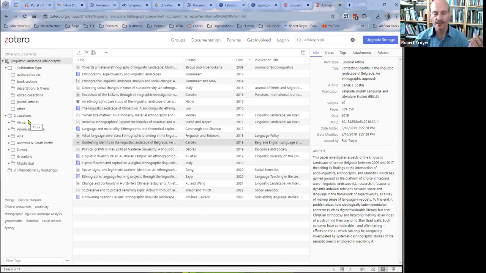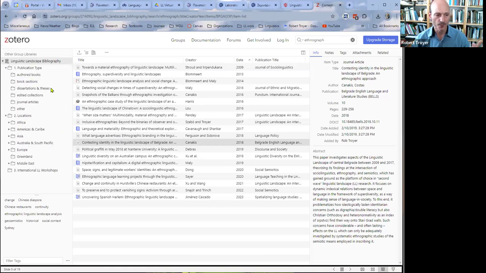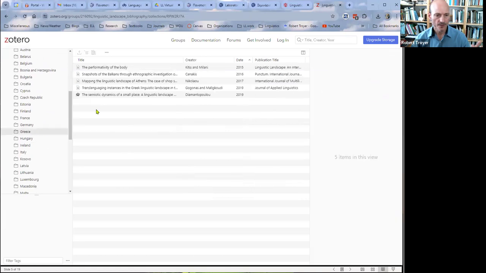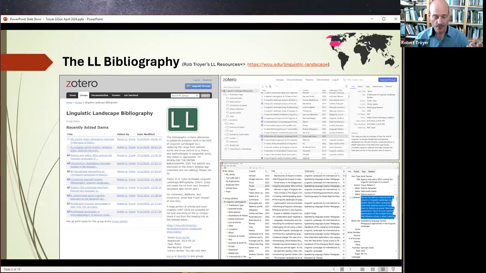So any article that has data from a specific geographical location gets put into a folder by geographic region and then country. And so if I click on Europe and Greece, there are about 5 publications, 3 journal articles, and a dissertation that have linguistic landscape research published in Greece.